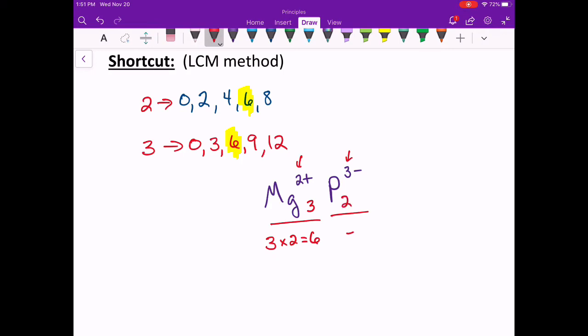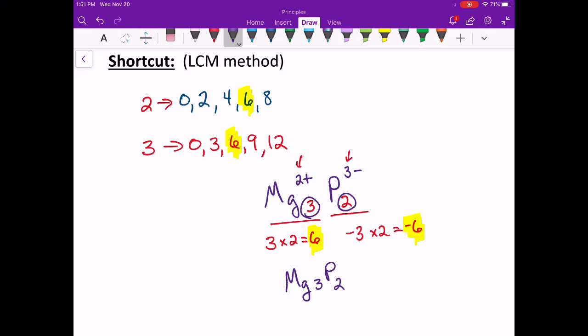So in other words, -3 times 2 gives me -6. It's always important that my total positive charge, in this case 6, cancels my total negative charge, -6. So I end up with a formula, if I just rewrite this, of Mg3P2. Okay, using the least common multiple of 6.